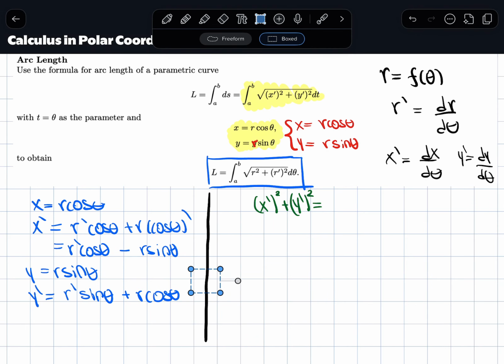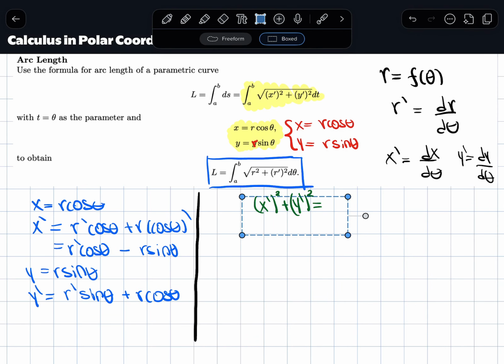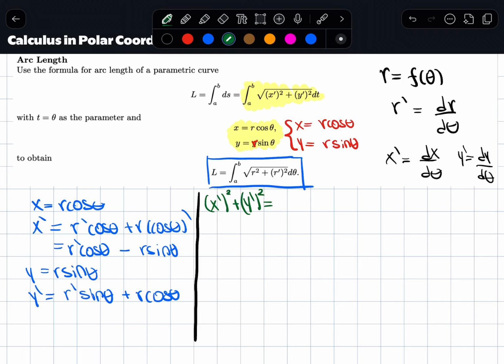Since I already know I'm gonna need space, let me squeeze this a little bit more and see how that goes. So x prime squared plus y prime squared will then be (r prime cosine theta minus r sine theta) squared plus (r prime sine theta plus r cosine theta) squared.